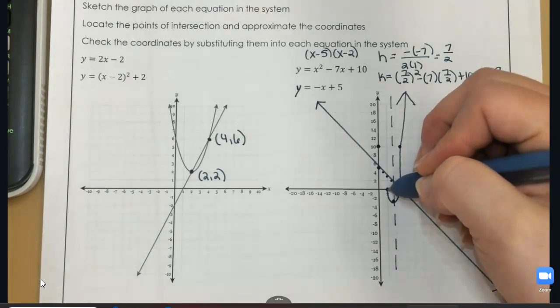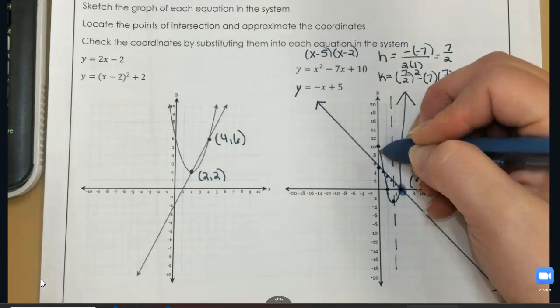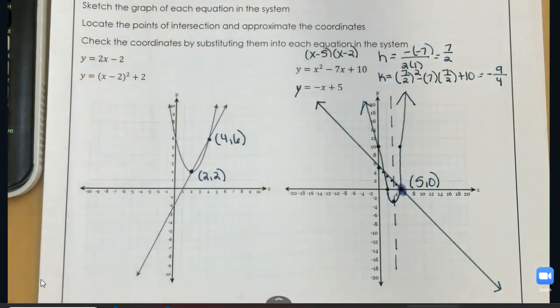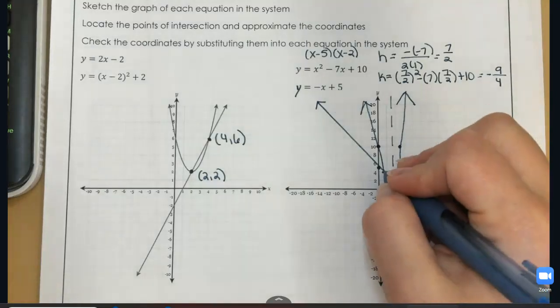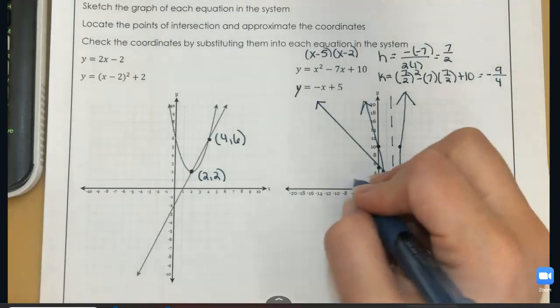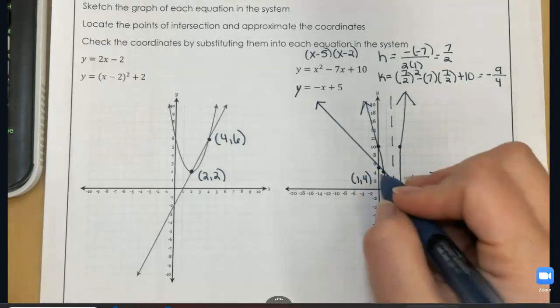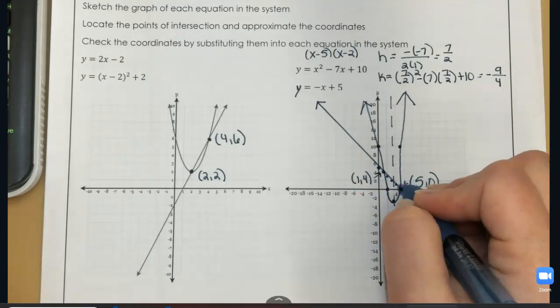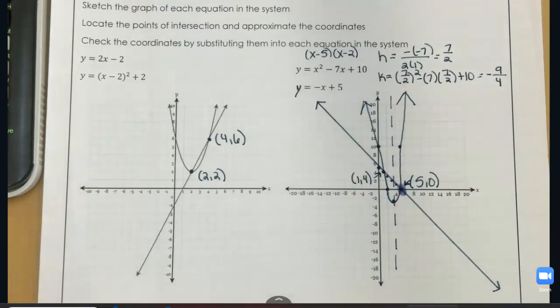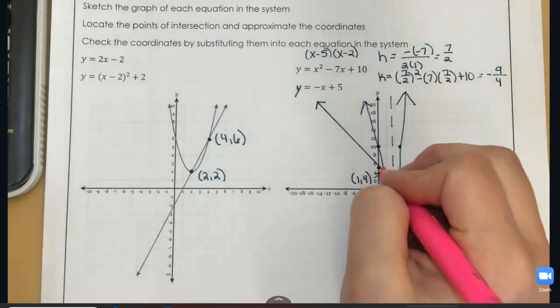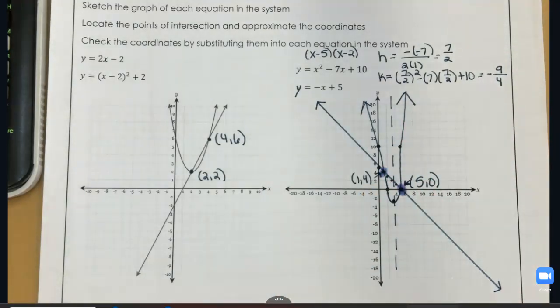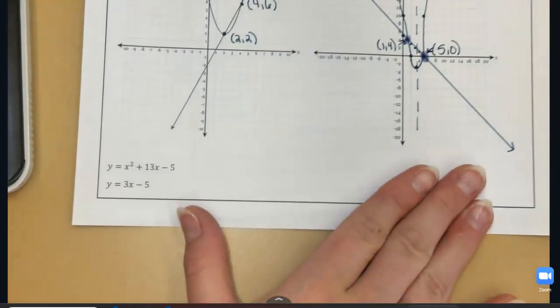And then I'm going to connect my dots here, and it looks like I have found another point where they are crossing right here, and that is the point 1, 4. So there are my two intersection points, and you could check that in Desmos if you wanted to be super sure. And in fact, we are going to use Desmos for the last example here.